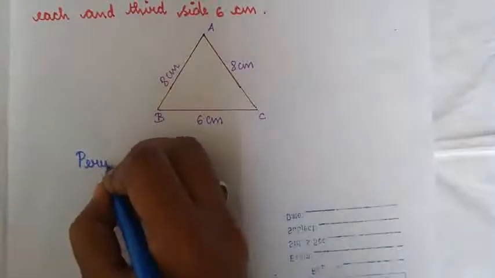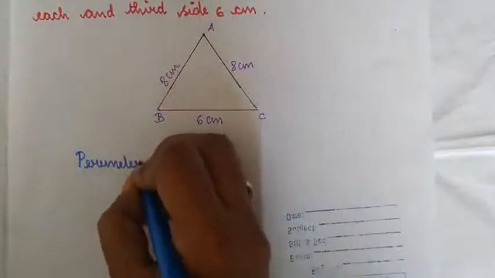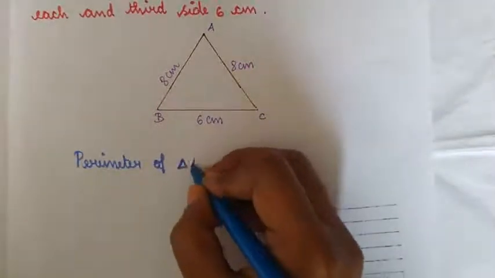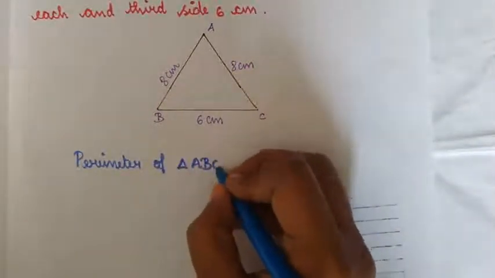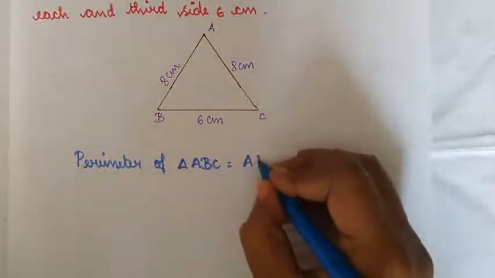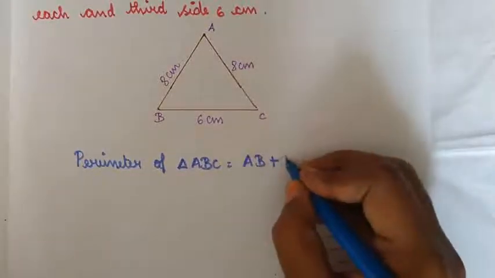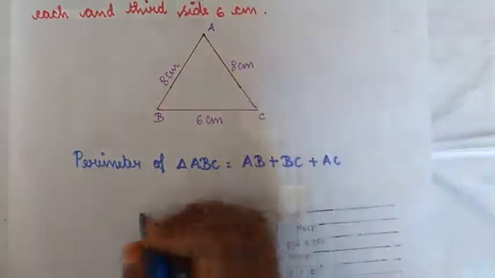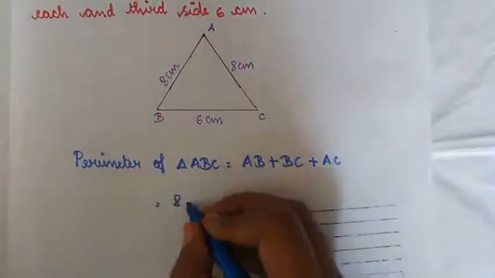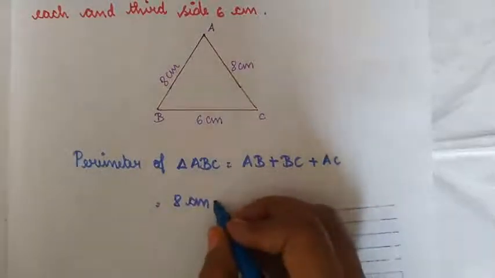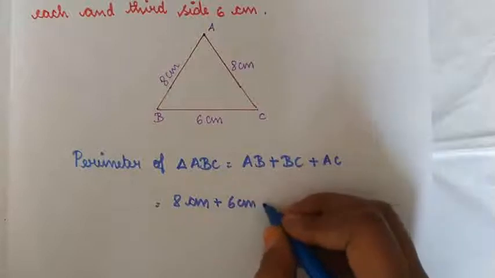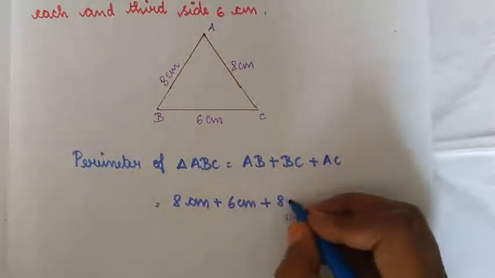So perimeter of triangle ABC equal to AB plus BC plus AC. Here AB equal to 8 centimeter, BC equal to 6 centimeter and AC equal to 8 centimeter.